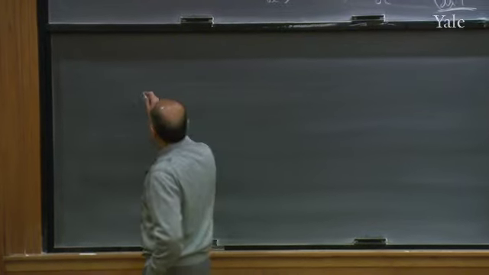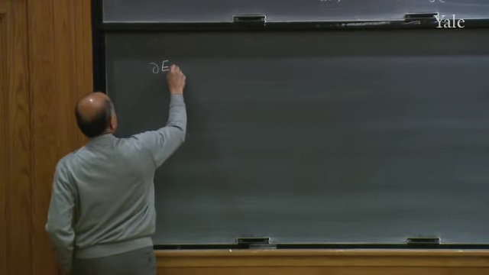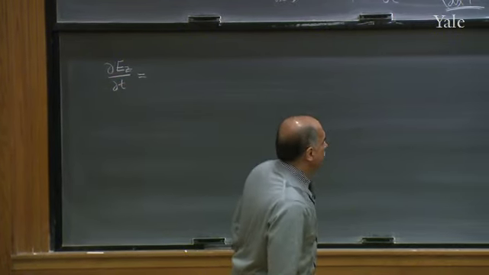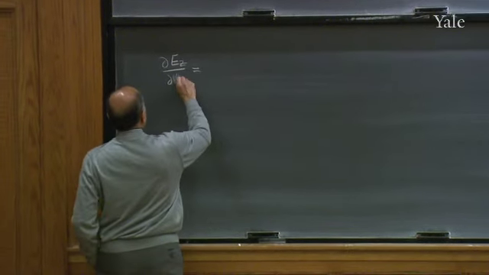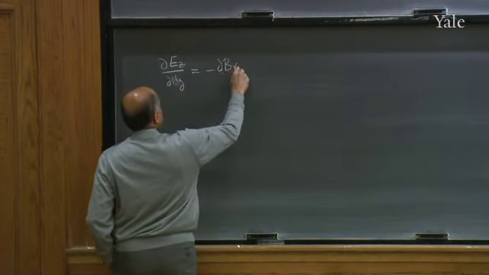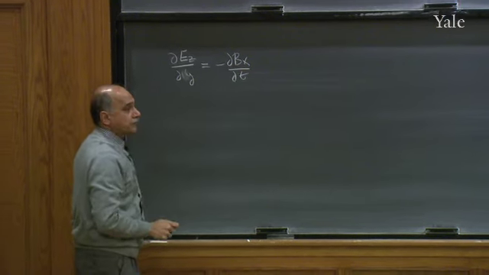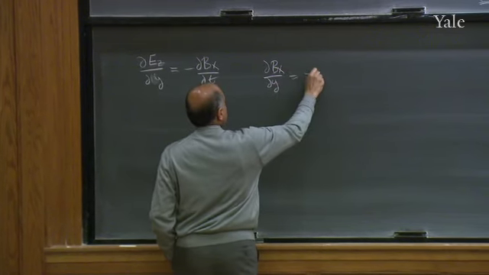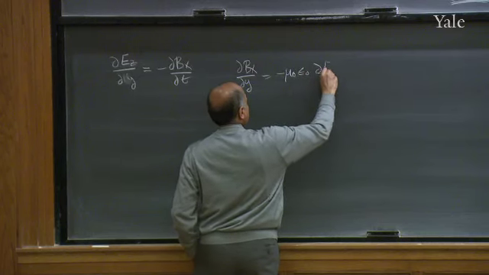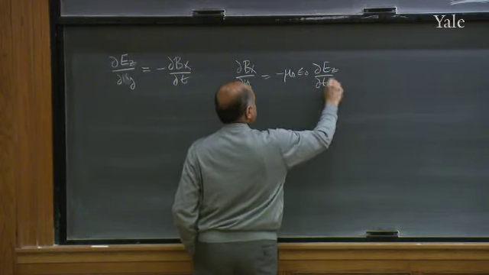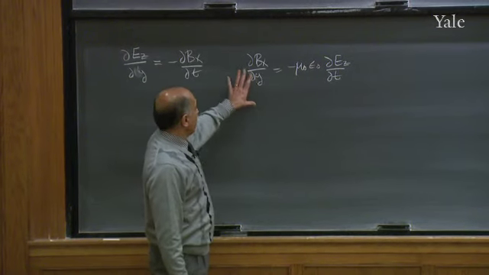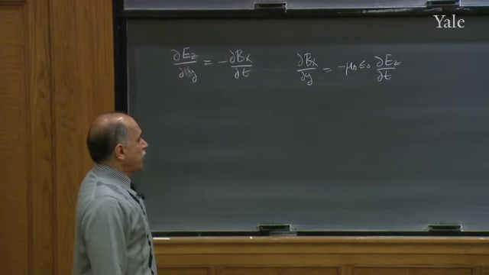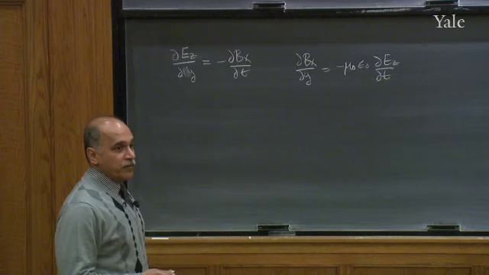So I got dEz dy is minus dBx dt. And you'll get another equation, dBx dy is equal to minus mu 0 epsilon 0 dEz dt. So I confess that I have not derived this one, but it's going to involve just drawing one more loop and doing it. Now it's really up to you guys how much you want to do this, but you should at least have some idea what we did.